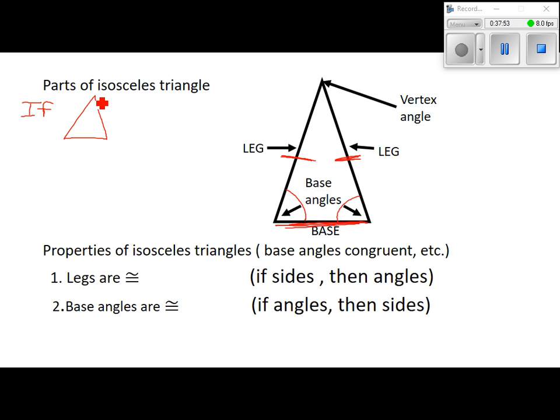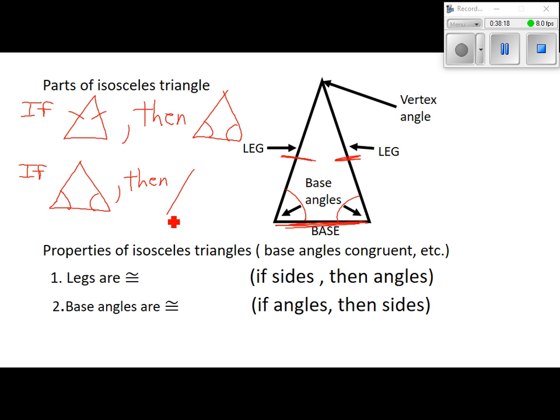If I have this triangle and I know that those two sides are congruent, then what do I know about the angles across from those sides? Congruent. They have to be congruent. And the other theorem says, if you have a triangle and you know that two angles are congruent, then what do you know about the sides across from them?